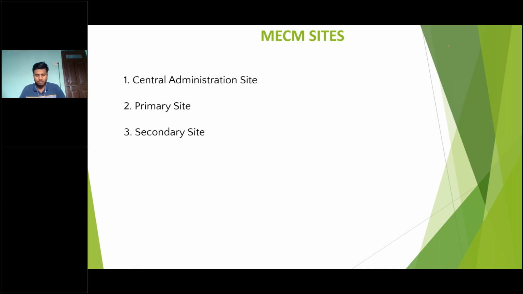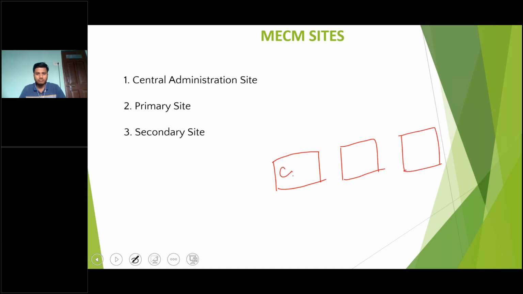Central administration site is what? It is a site server which can be installed on Windows Server. CAS, primary site, and secondary site are three different site servers in SCCM.